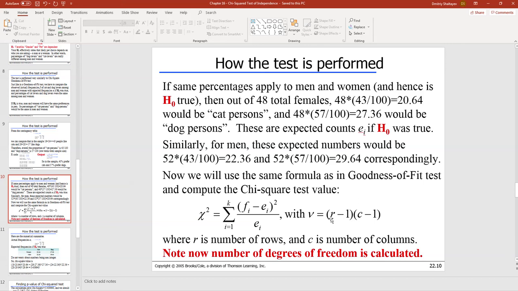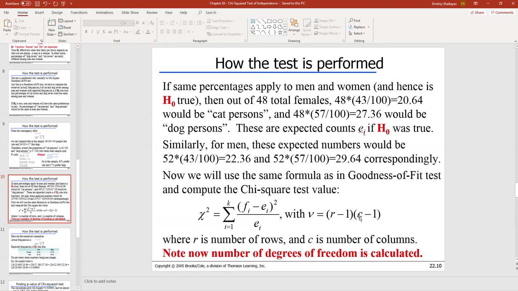It's the number of categories for variable 1, the number of rows, minus 1, times the number of categories for the other variable minus 1. So rows minus 1, columns minus 1. Rows is how many categories you have in gender.